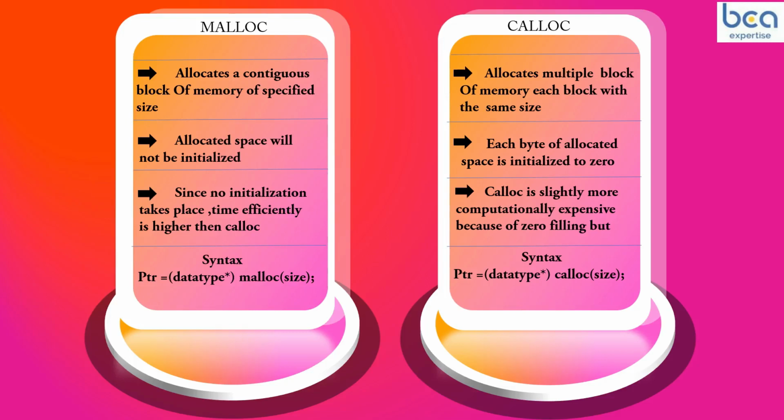Calloc is slightly more. The syntax of malloc is ptr = (data type *) malloc(size). Syntax of calloc: ptr = (data type *) calloc(n, size).